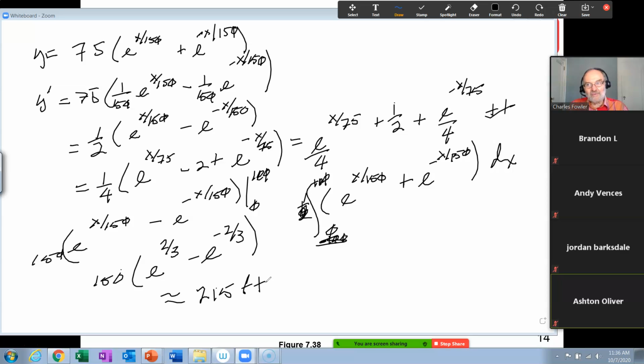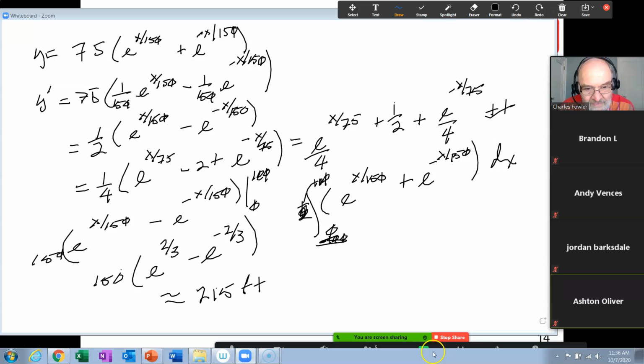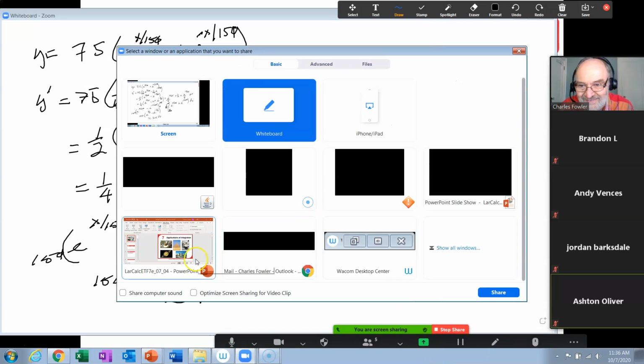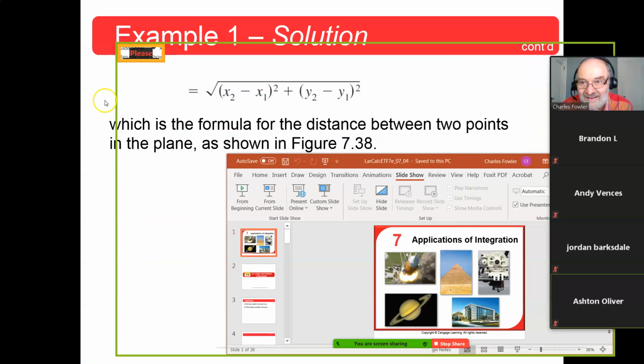Most calculators will do those evaluations a lot more neatly than the phone does. So let's go back to the PowerPoint, and in 4 minutes, resume slideshow.